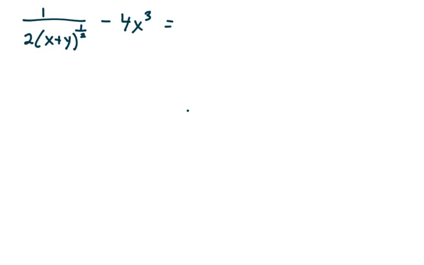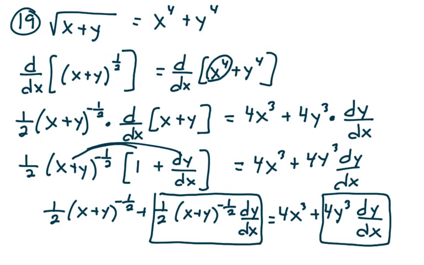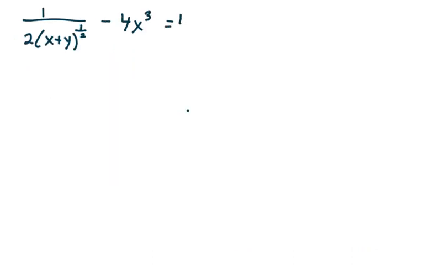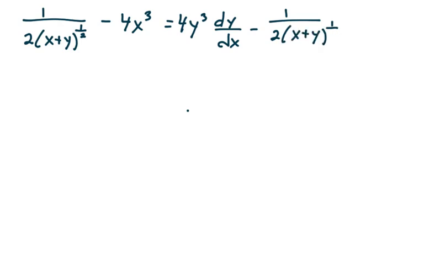That's on the left side. And on the right side, I get 4y^3 dy/dx minus 1 over 2(x+y)^(1/2) times dy/dx.